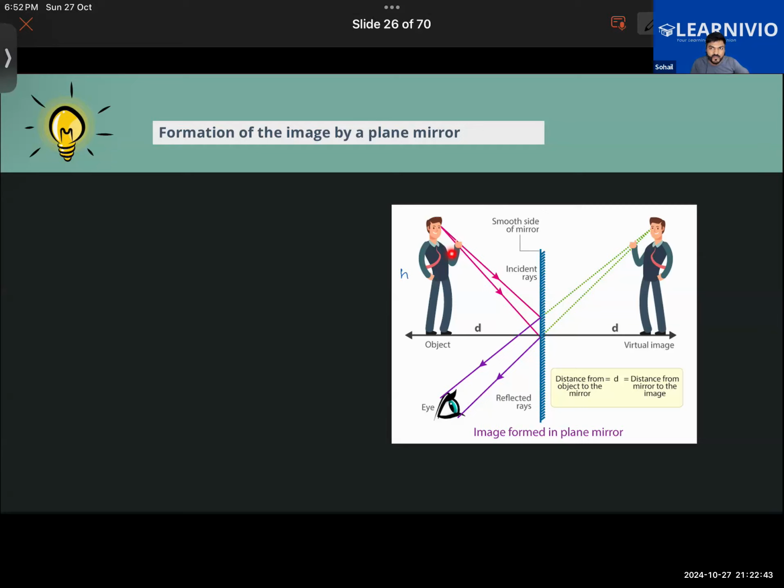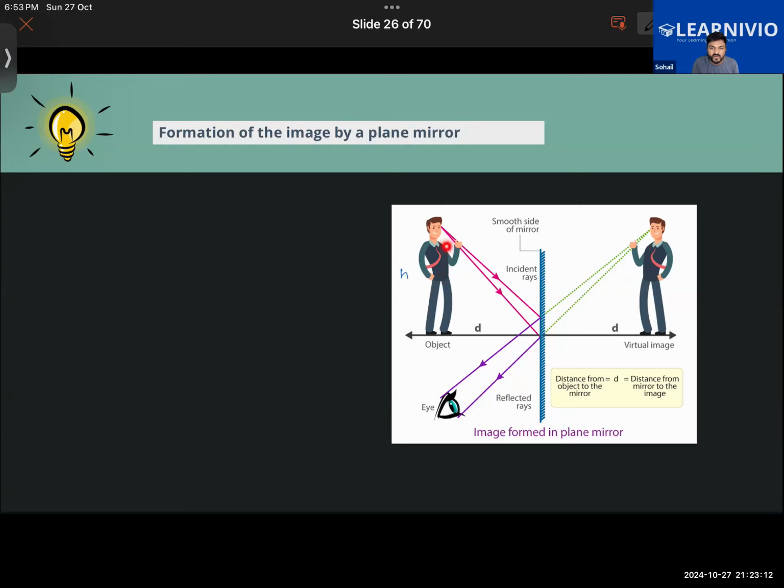Irregular. Irregular reflection, right? Because it's not a smooth surface. It's not a smooth body. Okay, yes, that is correct.